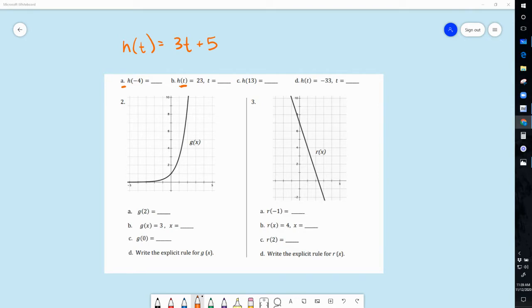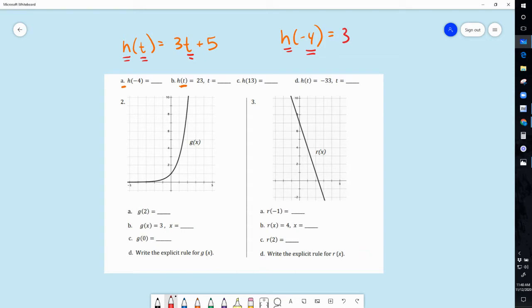3t plus 5. All this is saying is, if I say what's h of -4, then solve for it. Remember, guys, this is function notation. This means we're looking at the h equation, which is the only one we're given at this point. And we're going to plug in -4 for the normal variable, which in this case is t. So everywhere you see a t, you plug in -4.